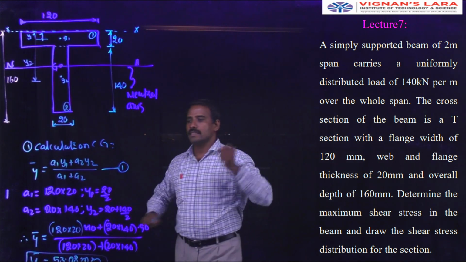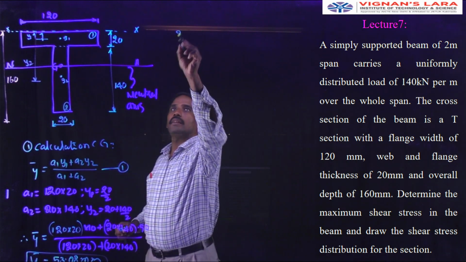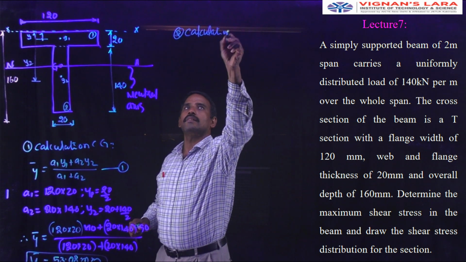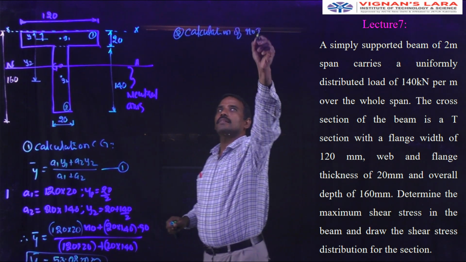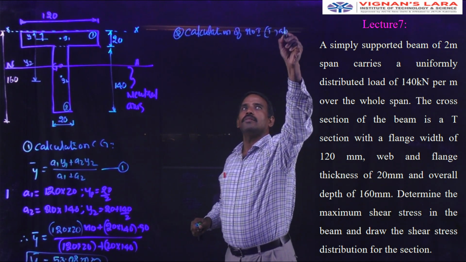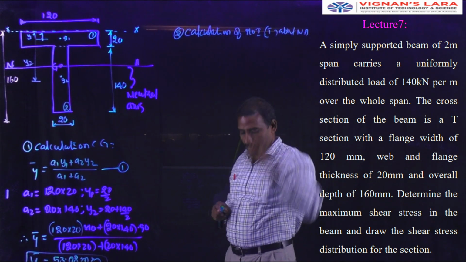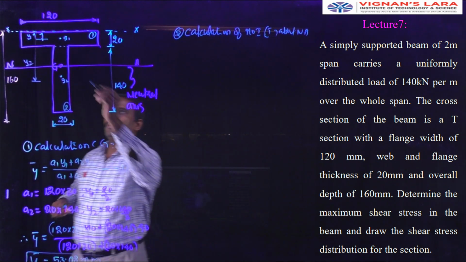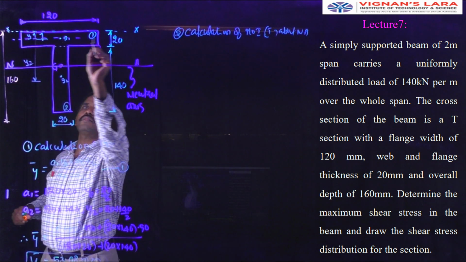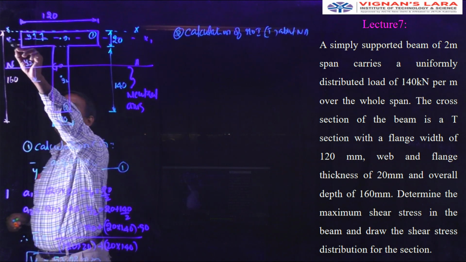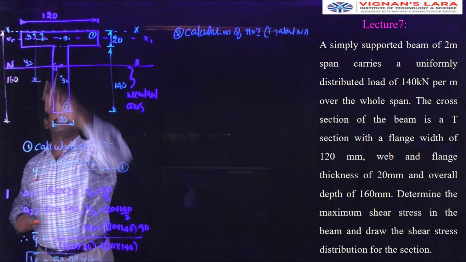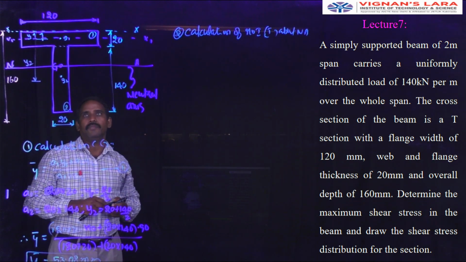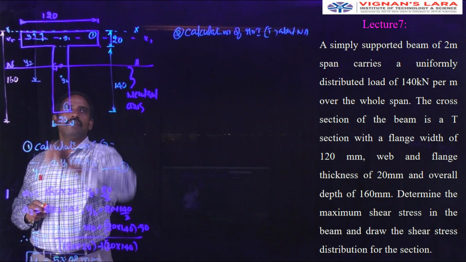Next step is the calculation of moment of inertia I about the neutral axis. Suppose you draw the axis passing through G1 labeled as x1. This is passing through the centroid of the elemental area of 120 by 20, so it is parallel to the neutral axis.